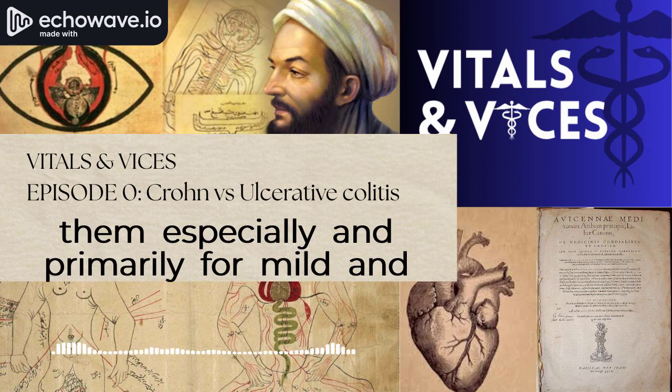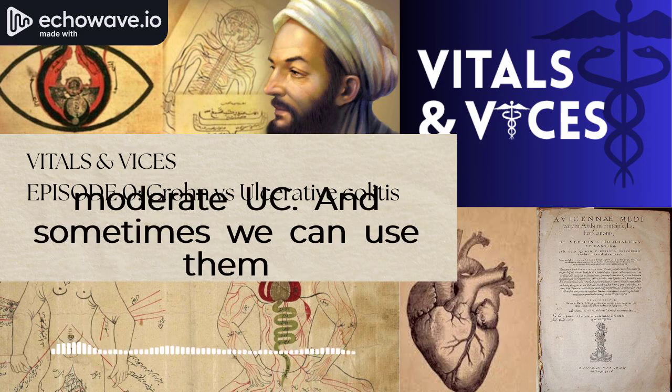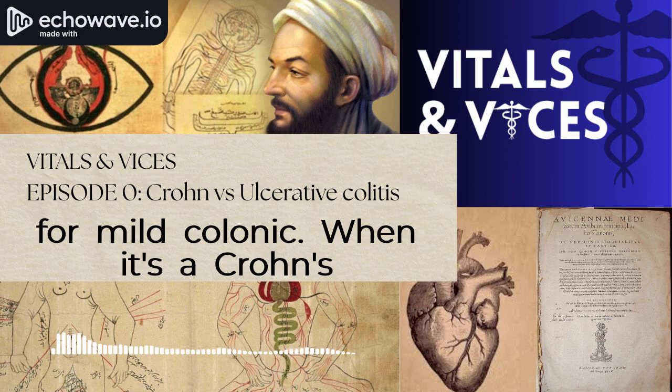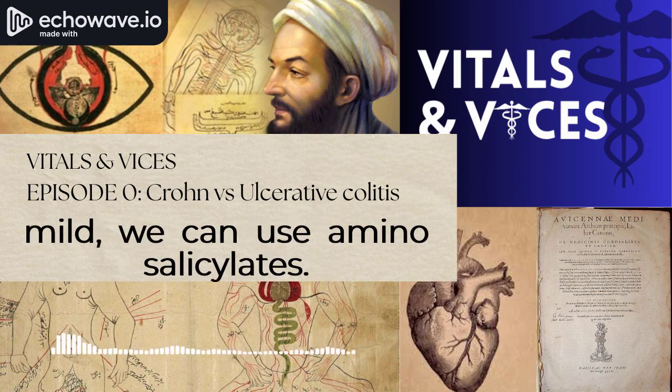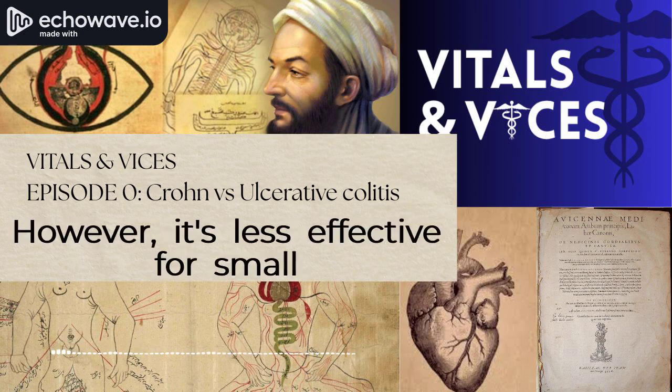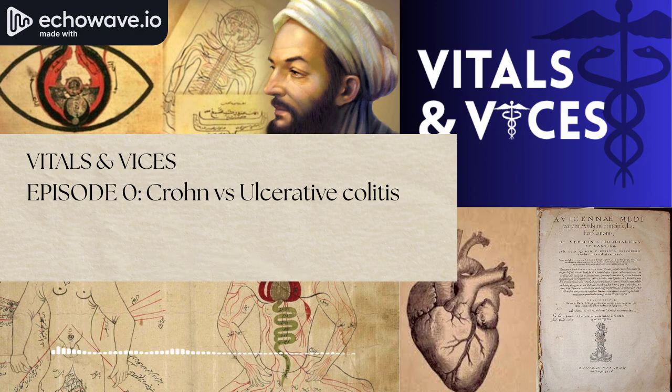We use them primarily for mild and moderate UC. And sometimes we can use them for mild Crohn's disease located in the colon. However, they are less effective for small bowel CD.